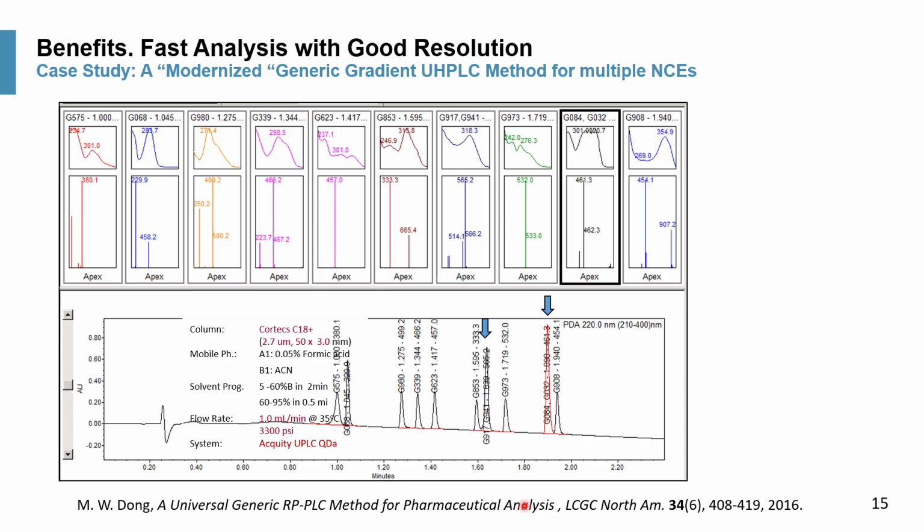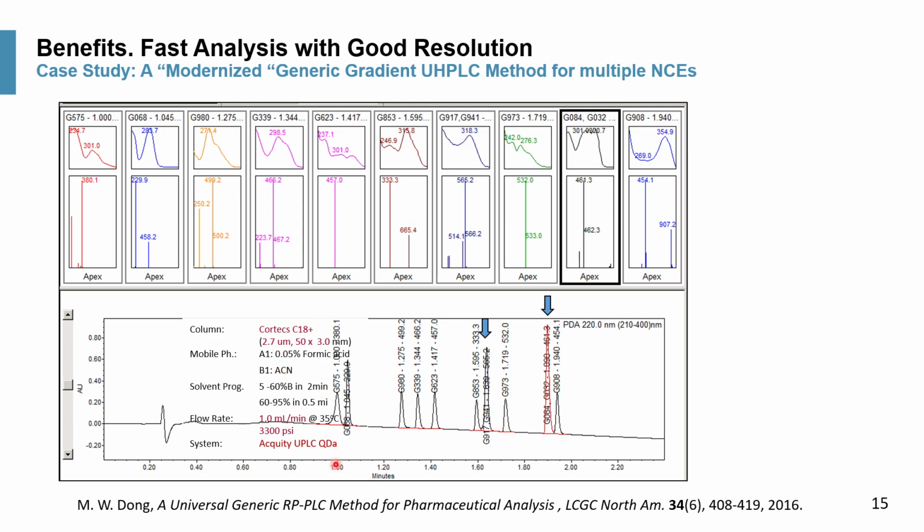Another case study was published by myself in a paper called A Universal Generic Reverse Phase Gradient Method for Pharmaceutical Analysis in 2016. I documented a very quick generic method of about 2 minutes, which is compatible with most pharmaceutical assays and can be adjusted very quickly to give you a stability indicating assay.